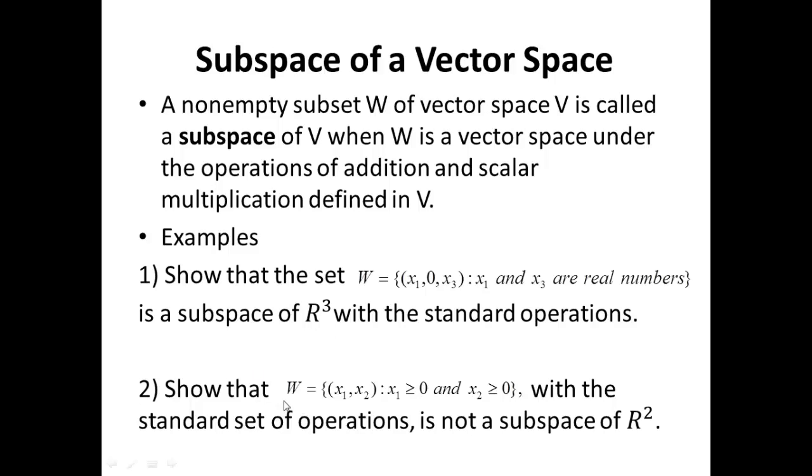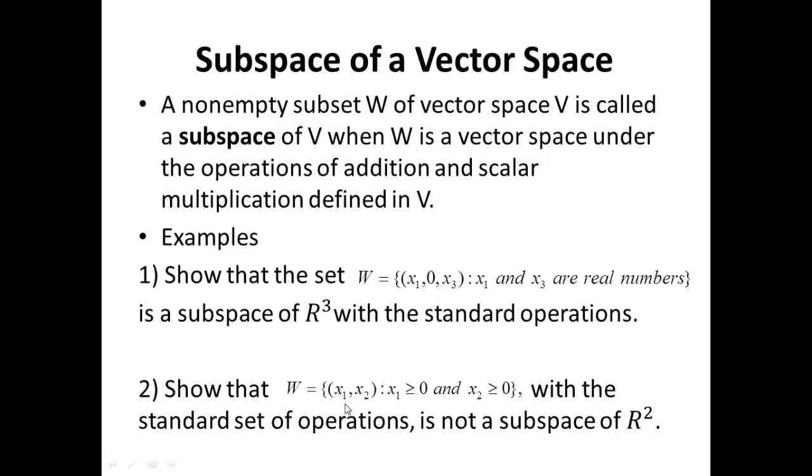For example 2, we define W as the set of all ordered pairs (x1, x2) such that x1 is bigger than or equal to 0, x2 is bigger than or equal to 0. Now, it's very important that you understand that definitions are very important in mathematics and how to read definitions. What does this mean?